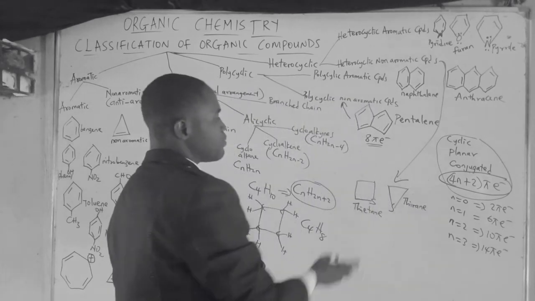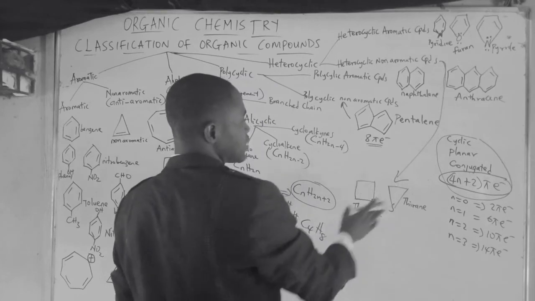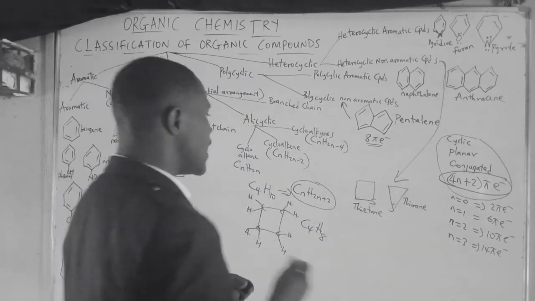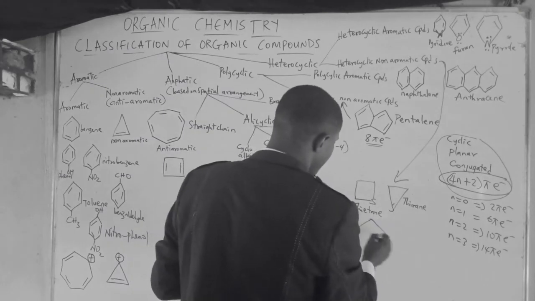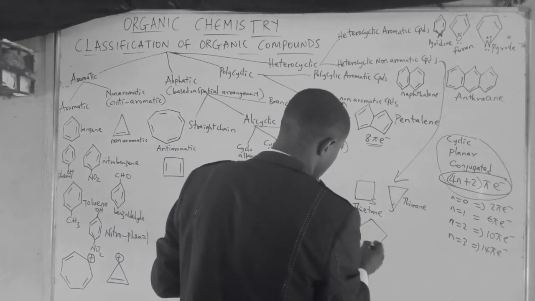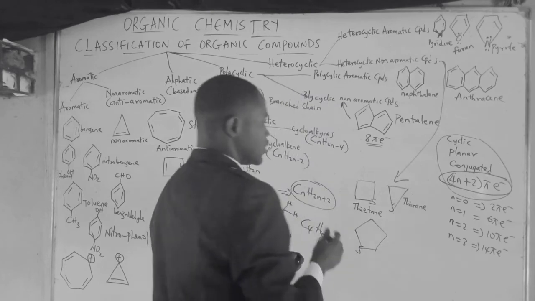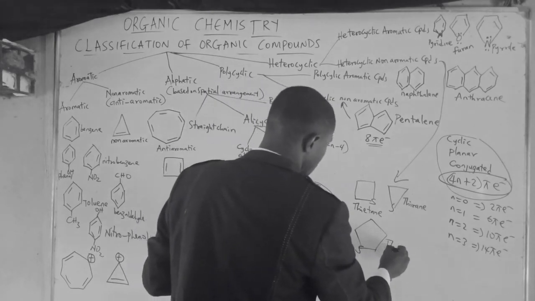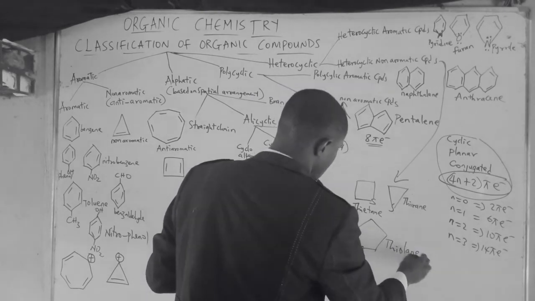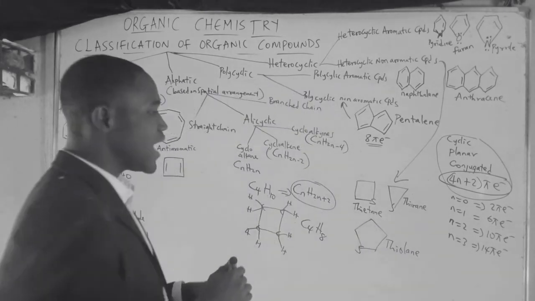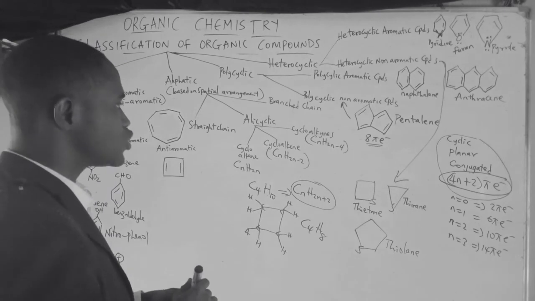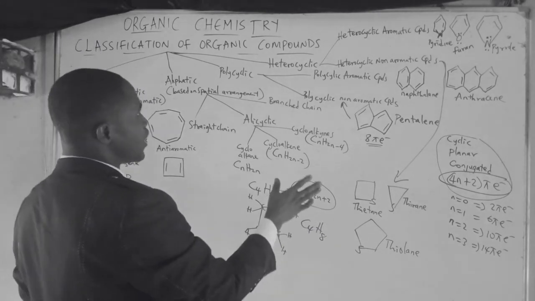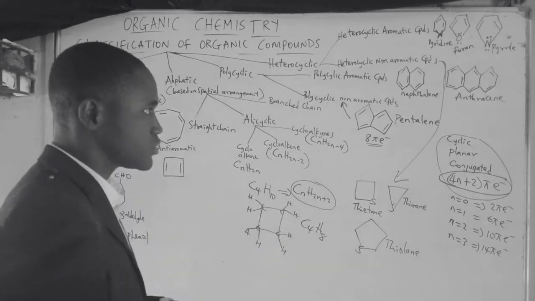They are cyclic, but they are not conjugated. Cyclic, no conjugation, so they are non-aromatic. We also have thiolane, a 5-member ring. This thiolane is drawn this way. And so on. Other examples are thiane and so on. So these are ways we classify organic compounds.